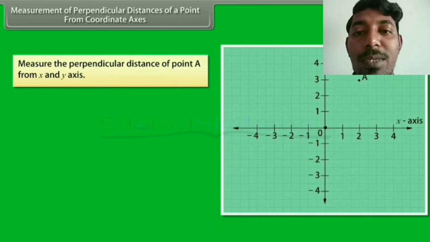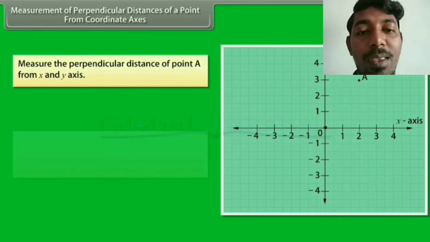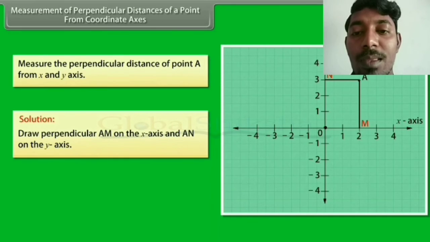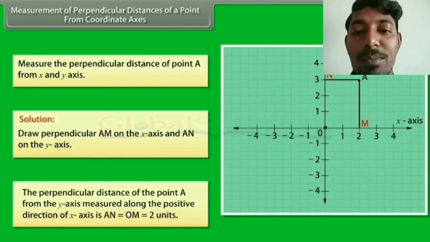Measurement of the perpendicular distance of a point from the coordinate axes. We can see how to measure the perpendicular distance of point A from the x-axis and y-axis. From point A, the perpendicular AM is drawn on the x-axis and AN on the y-axis. The distance from the x-axis is 2 units and from the y-axis is 3 units.